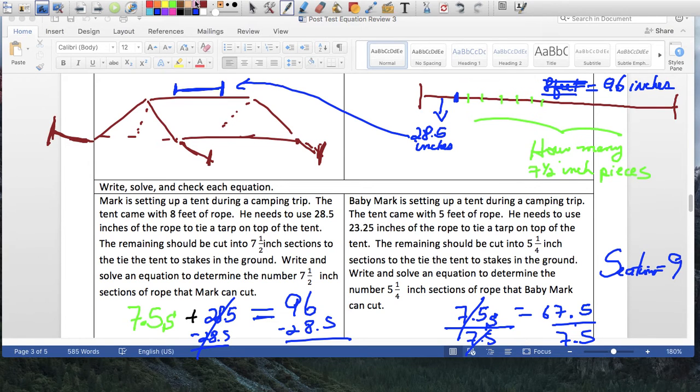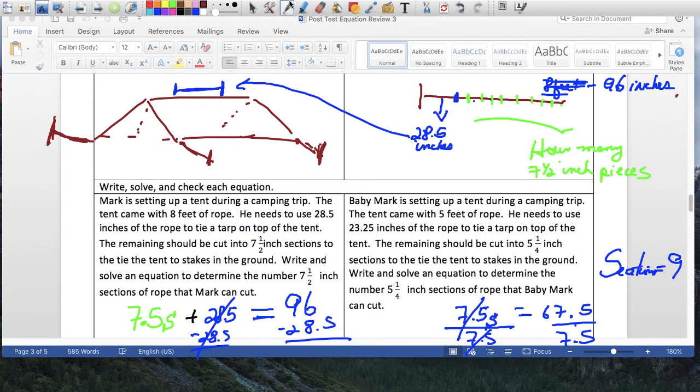So he can actually have 9 of these. There's 1, 2, 3, 4, 5, 6, 7, 8, 9, and obviously I just made my initial drawing too long. That's how many he would have.